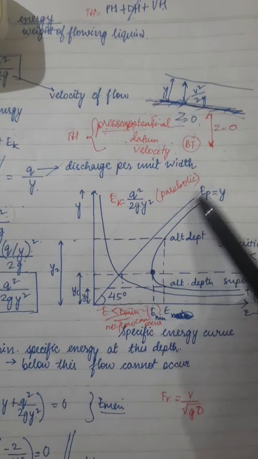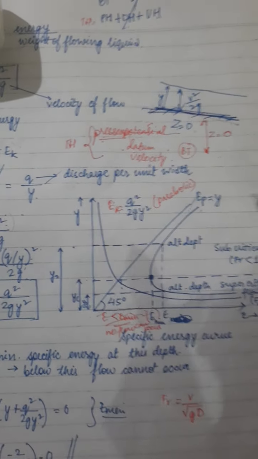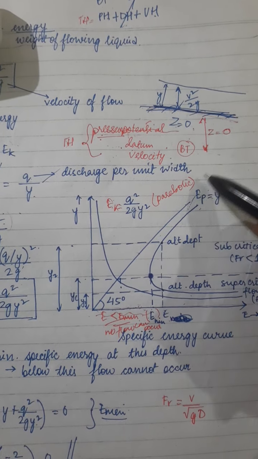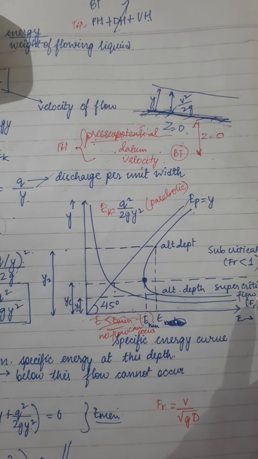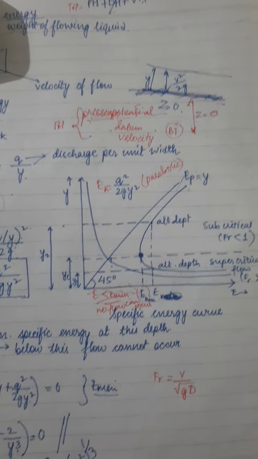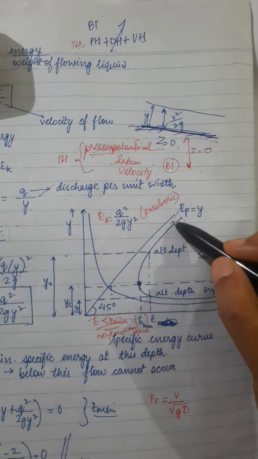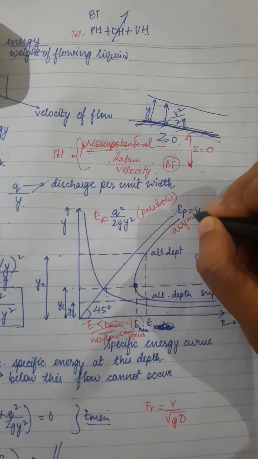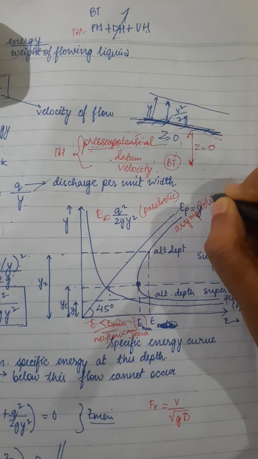On both sides we have this curve which is ascending towards this Y line, and also descending towards this EK line, okay. These curves are actually called asymptotic.